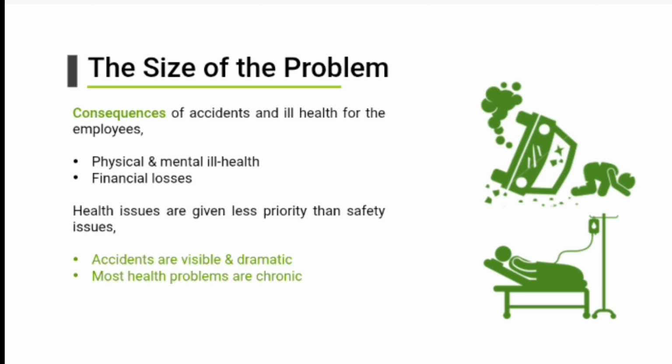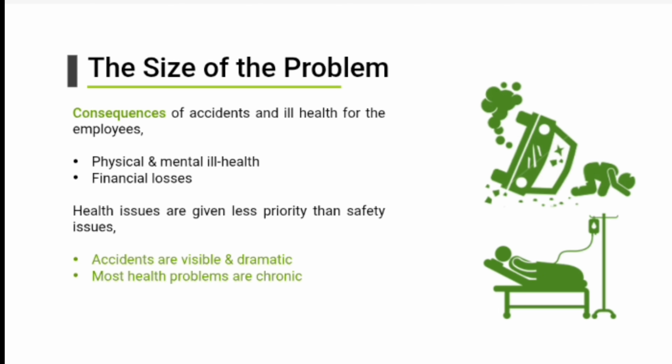However, it's crucial to recognize that the long-term effects of health problems can be just as damaging, if not more so, than immediate accidents. Chronic health issues can impact an employee's quality of life, lead to increased absenteeism, reduced productivity, and increased healthcare costs. To create a safe and healthy workplace, we must shift our focus to address both safety and health concerns equally.